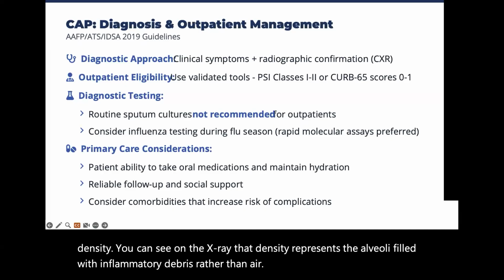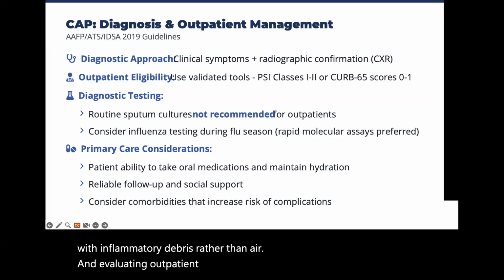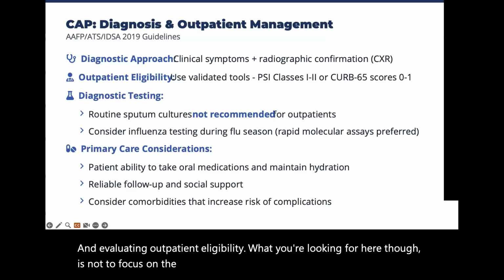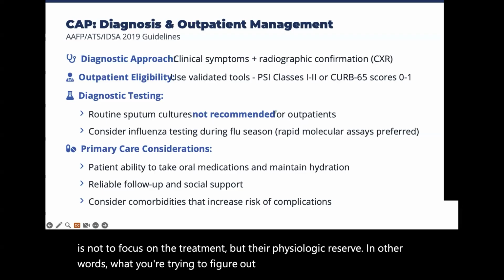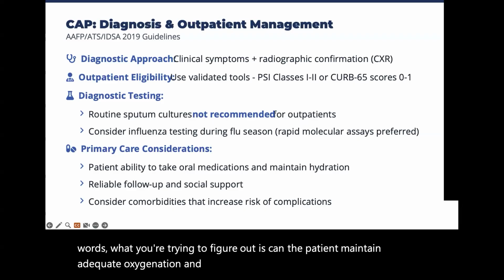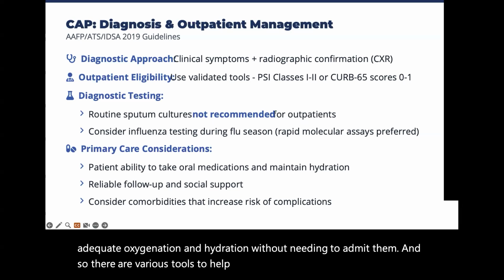In evaluating outpatient eligibility, what you're looking for here, though, is not to focus on the treatment, but their physiologic reserve. In other words, what you're trying to figure out is, can the patient maintain adequate oxygenation and hydration without needing to admit them? And so there are various tools to help you quantify this sort of thing.